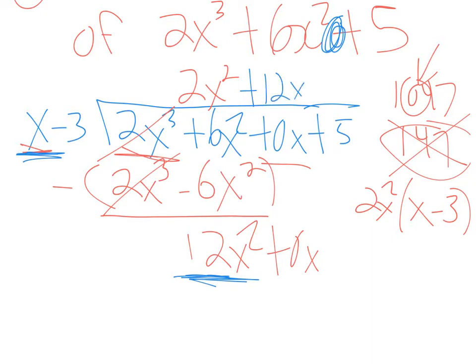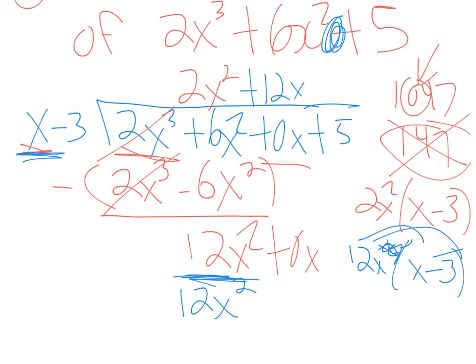So now I need 12x times x minus 3. So what is that worth? Oh, sorry, it's 12x times x minus 3, which gives me 12x squared, and then minus 36x.